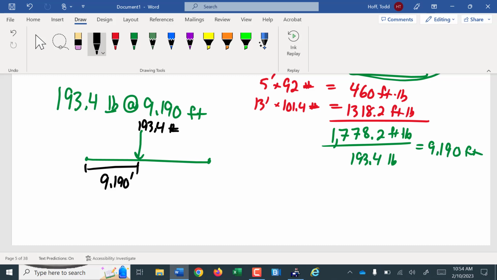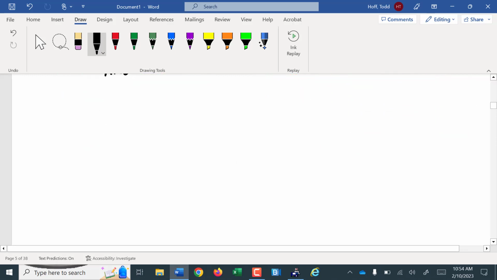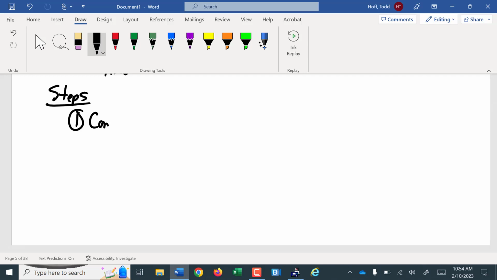It's possible to have more than 2. Let's look at number 6. Does everybody have that one down, or need a second for me to let you catch up? Okay. Well, it's because of that extra set of steps. So your first step is always to convert distributed loads to concentrated loads.